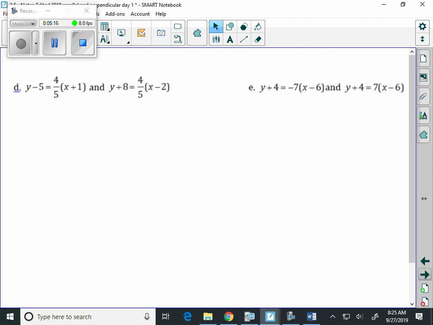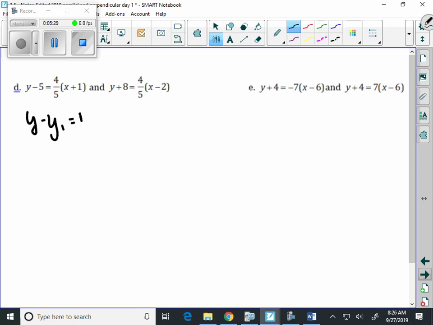These two, on letter D, and even on letter E, our equations are written in point slope form. Point slope form is y minus y1 equals m times x minus x1. Again, I can recommend, if you are not familiar with that equation, that you write it down every single time so that you don't have to memorize it later.